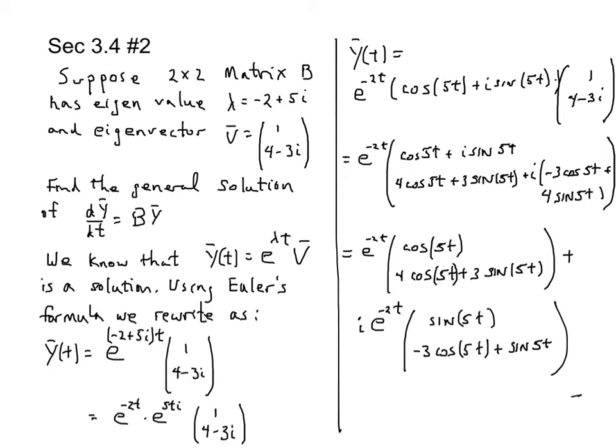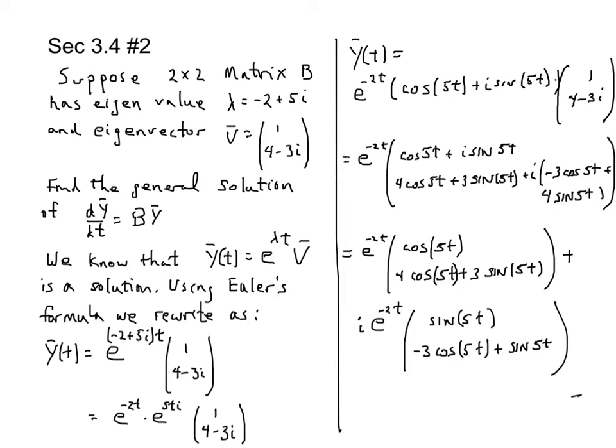So when this imaginary term multiplies this real part, we get a 4 sine 5t with an i in front of it. And when cosine 5t multiplies the minus 3i, we get a minus 3 cosine 5t with an i in front of it. I'm sorry, I ran out of space, it's a little crowded in there.